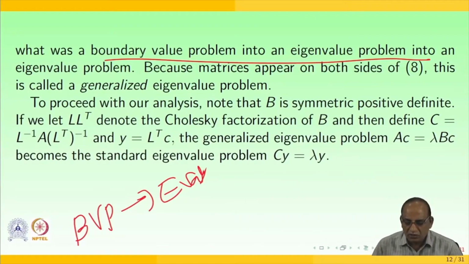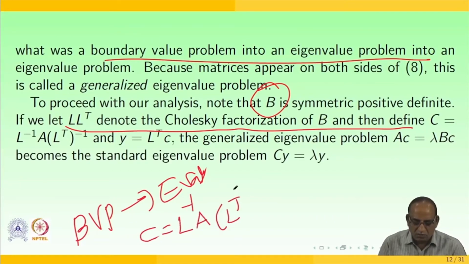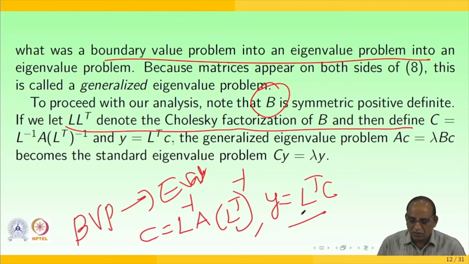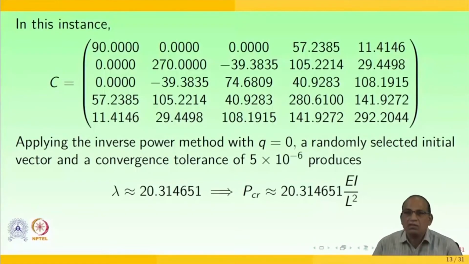To proceed with our analysis, note that B is symmetric positive definite. If we let L times L transpose denote the Cholesky factorization of B, then we define C as L inverse A times L transpose inverse, and Y is equal to L transpose of C. The generalized eigenvalue problem A C is equal to lambda times B C becomes the standard eigenvalue problem, that is C y is equal to lambda y.